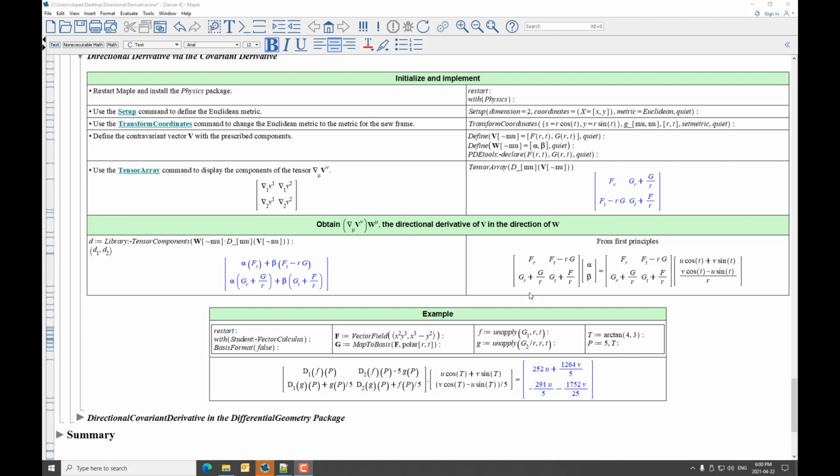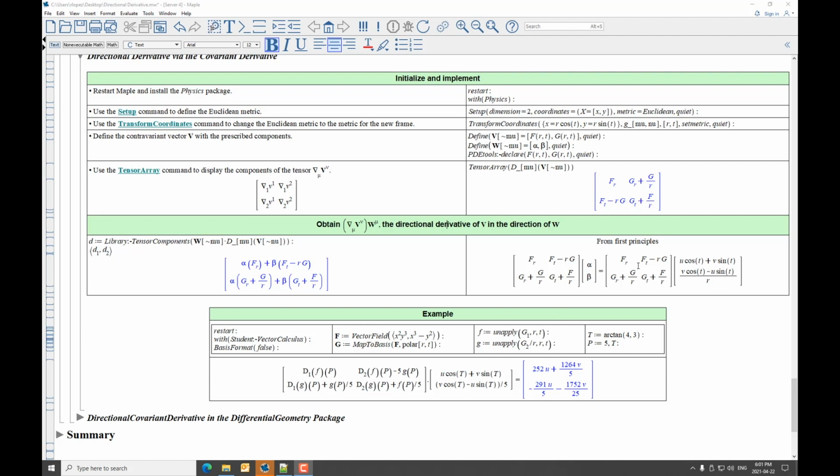To implement this computation, d1 is the partial with respect to r on this first component, evaluated at the point P, etc. Here g over r is 5, because we picked 3, 4, 5. The direction vector has an r in the bottom, so you divide by 5. Carry out this computation. It is exactly what we have been getting before.